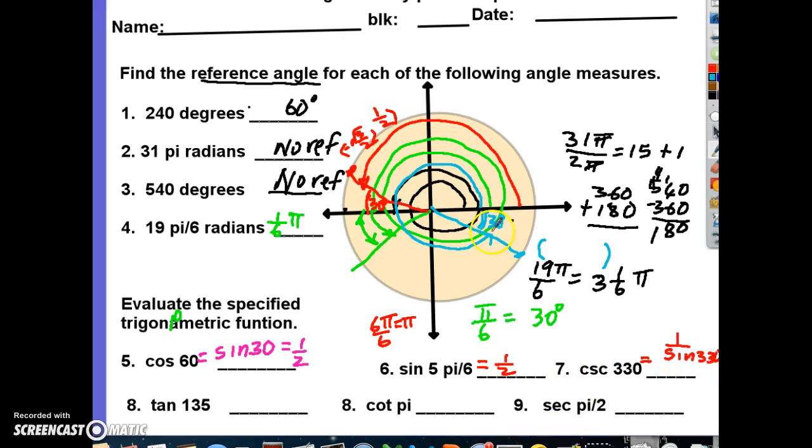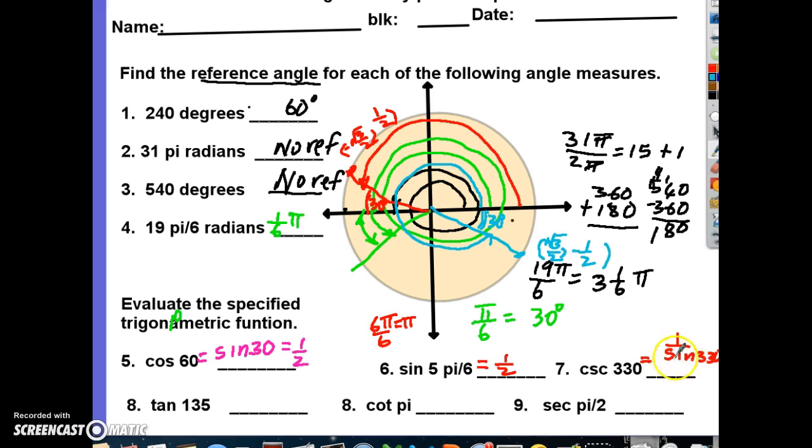Again, a reference angle of 30 always gives me either 1/2 or negative 1/2 for sine. What do you think it should be? It's going downstairs, so this is going to be a negative 1/2. And I don't need the cosine here, but if I did, it would be root 3 over 2 in a positive sense.